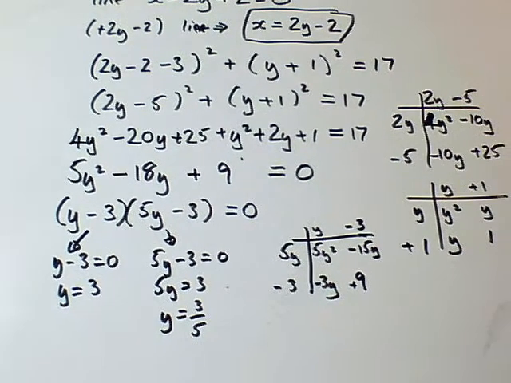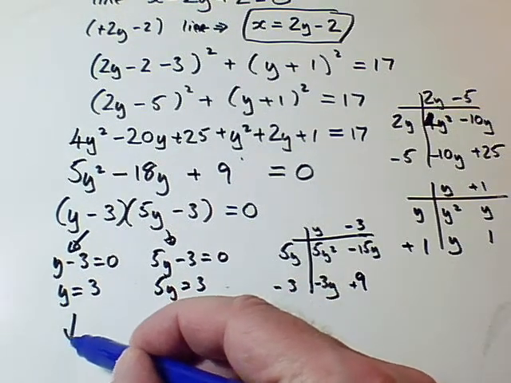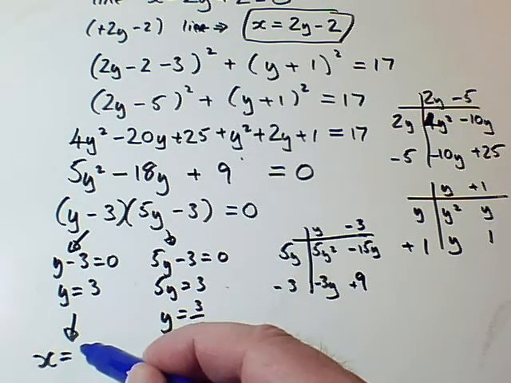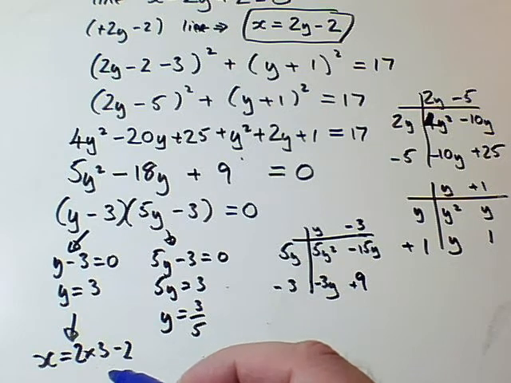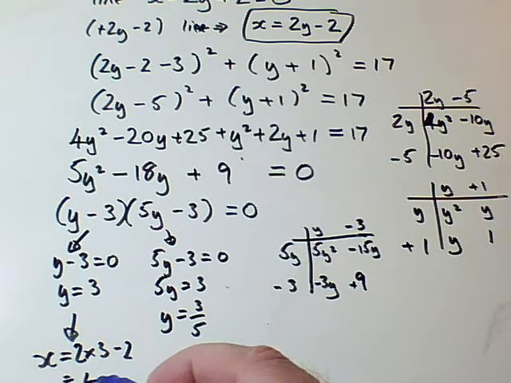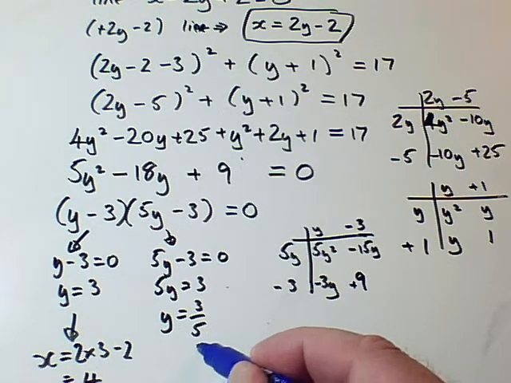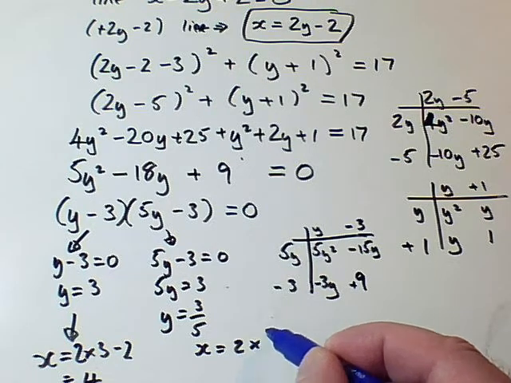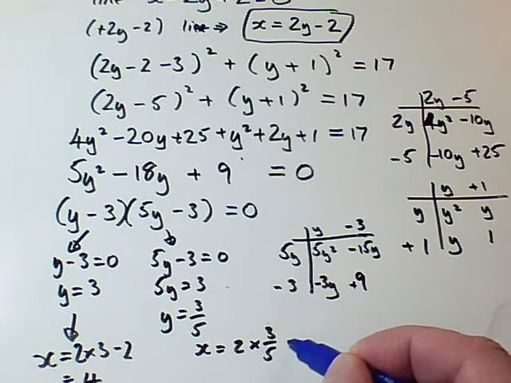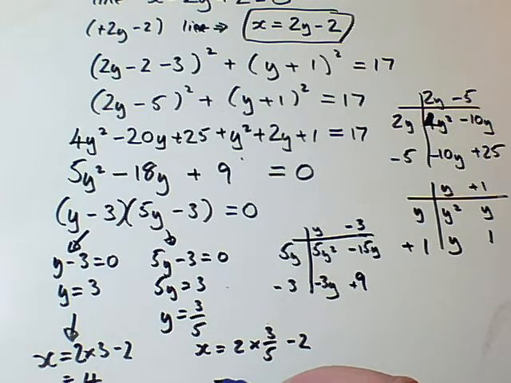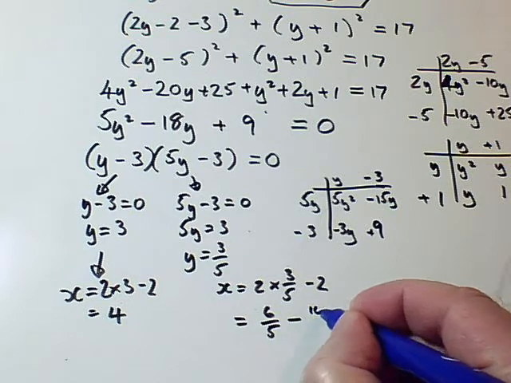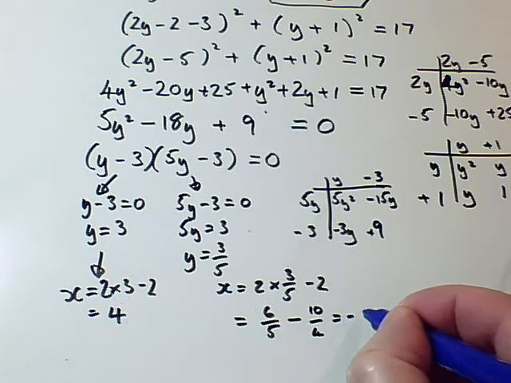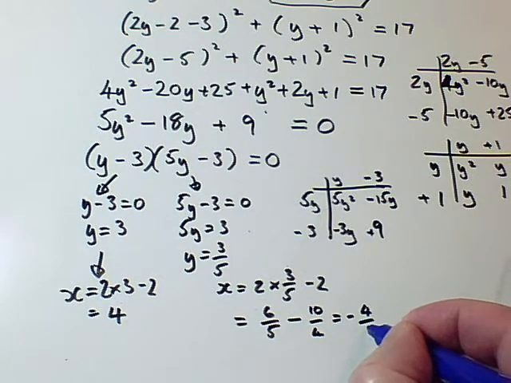If I come down and use that for each one here, so for this one x is going to equal 2 times 3 minus 2, which is 6 minus 2, which is 4. And for the other one, x is going to equal 2 times 3/5 minus 2, which is going to be 6/5 for the 2 times 3/5, minus 2 is 10/5, so that's minus 4/5.